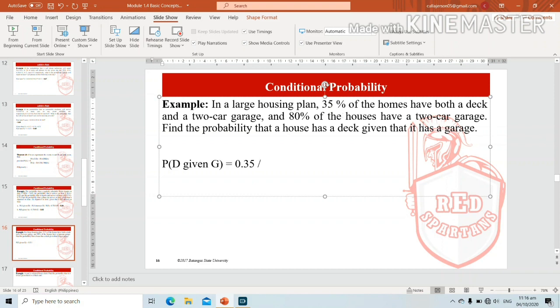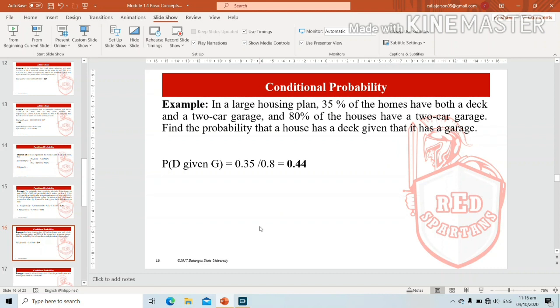Then, 80% ng house merong garage, so 0.8. So, 0.35 over 0.8 equal to 0.44. Yan yung answer natin for this example.